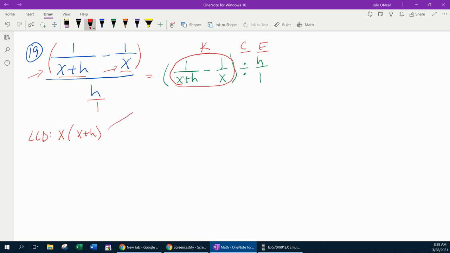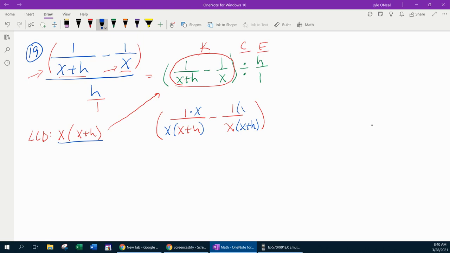So this is where the LCD comes into play to simplify these fractions. So what I've got here is my 1 over x plus h minus 1 over x. I know the LCD is x times x plus h. So this first denominator needs the x. Whatever I do to the bottom, I do to the top. The second denominator needs the x plus h.